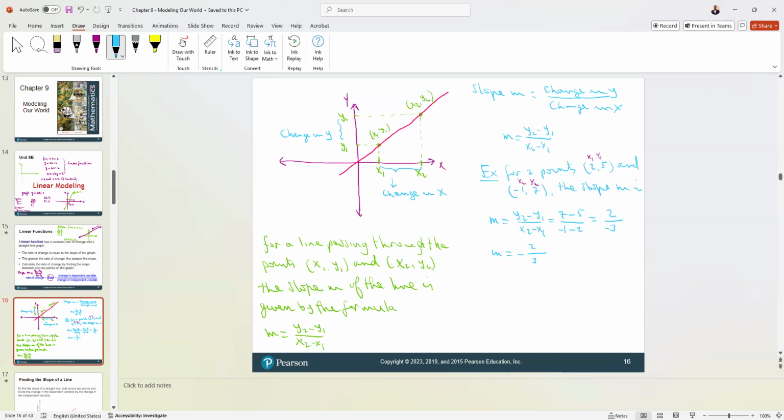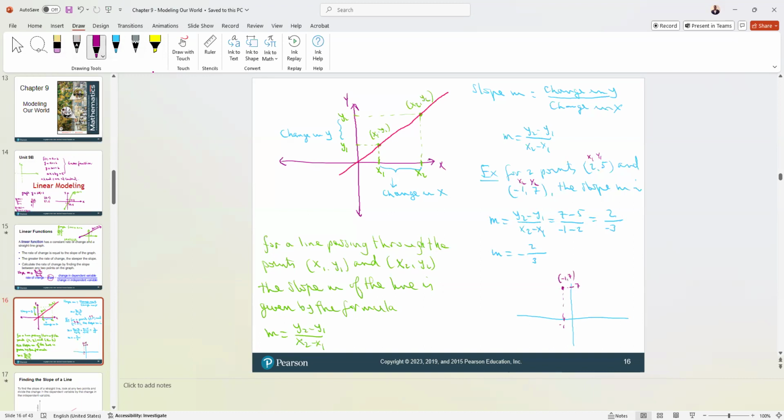So if you want to verify what we just did, you can do it with the graph and see if the graph falls from left to right. First of all, we're going to graph these 2 points. The first point is when x is -1, y is 7.